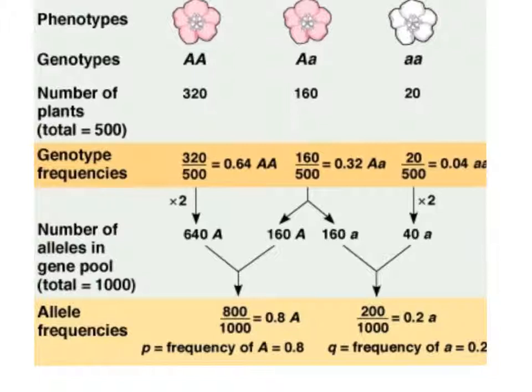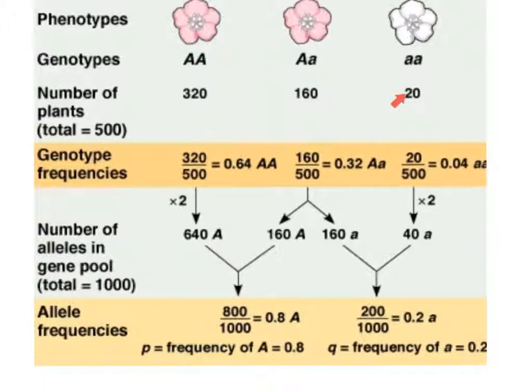Now if we have 320 plants that are big A, big A, we would multiply 2 times 320 to get the total number of big A's present, which would be 640. Plus, we have to look at our heterozygous, and we would have 160 big A's here. So we add that up, and our total for our 500 plants would be 800 big A alleles.